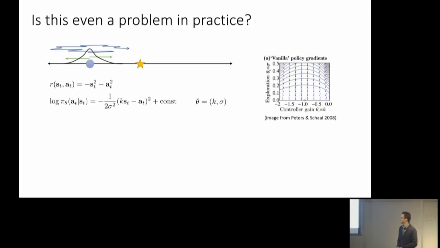In fact, because there's only two parameters, you can actually draw the entire vector field for the gradient for this problem. What I'm drawing here, the blue arrows are the gradients, the horizontal axis is k, and the vertical axis is sigma. You can see that for sigma, the gradient always points down. Because it's 1 over sigma squared, the closer sigma gets to 0, the gradient still points down by the same amount.